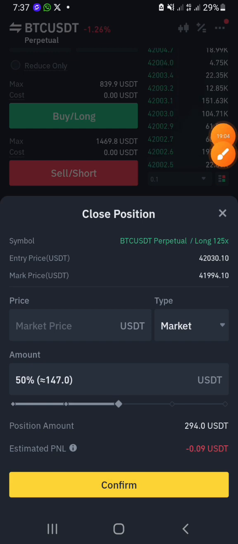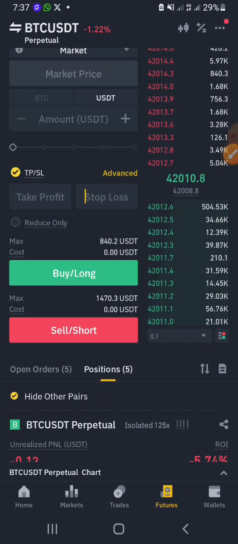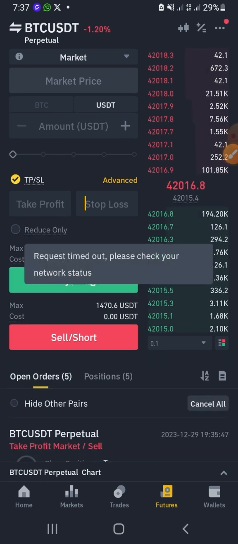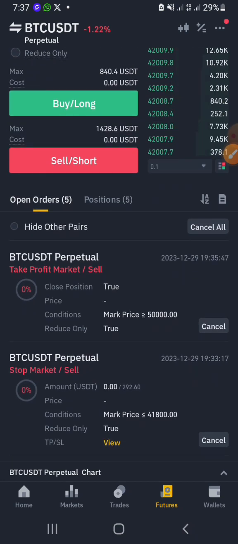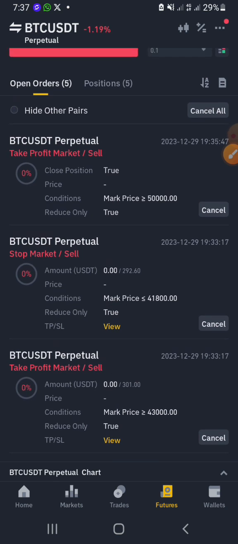It's a very, very ideal tactic to use while trading in futures. Now, for instance, you set a previous take profit or a previous stop loss, and your trade is heading over to your previous take profit. What you need to do is come over to your previous take profits.